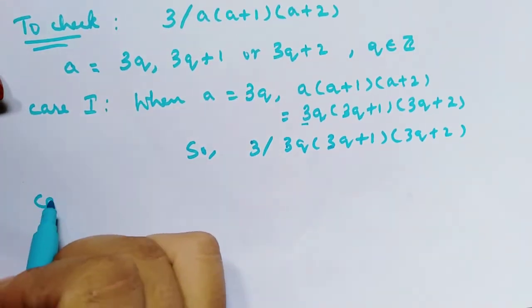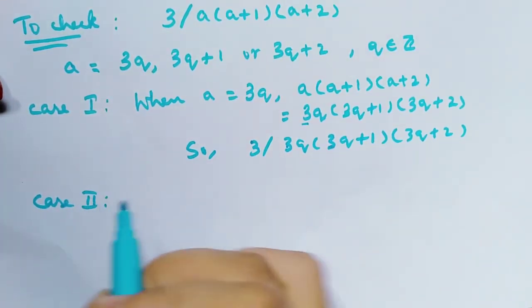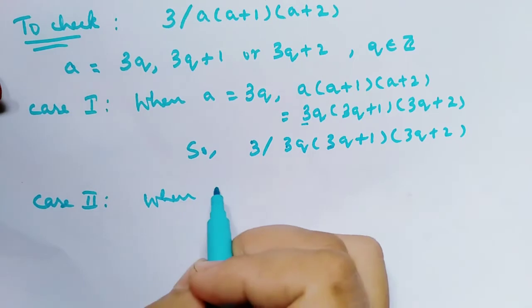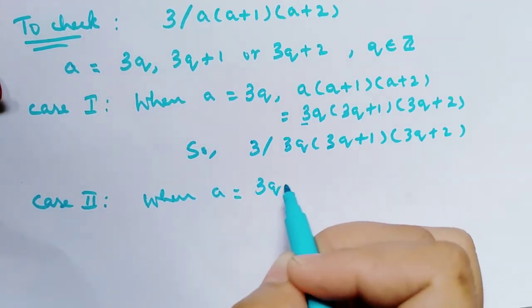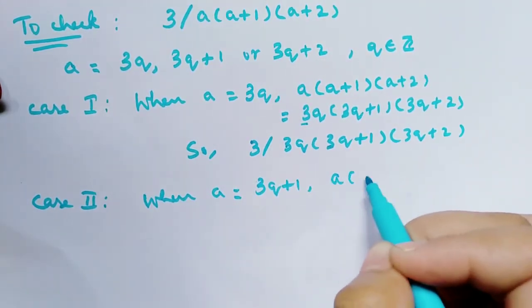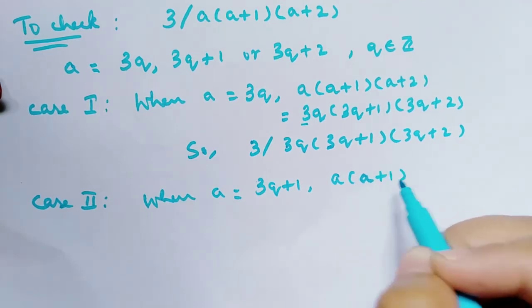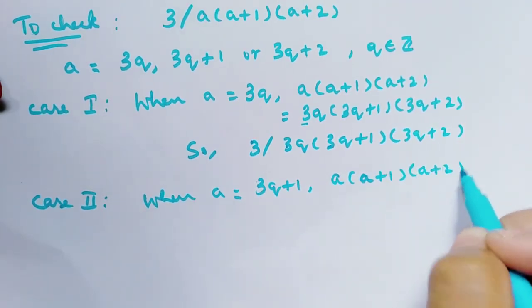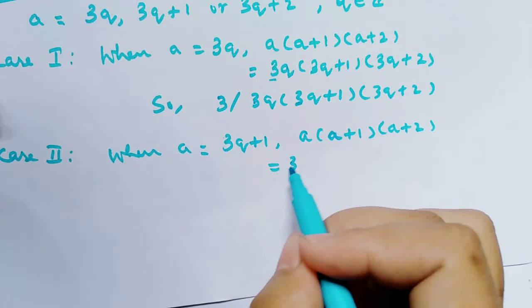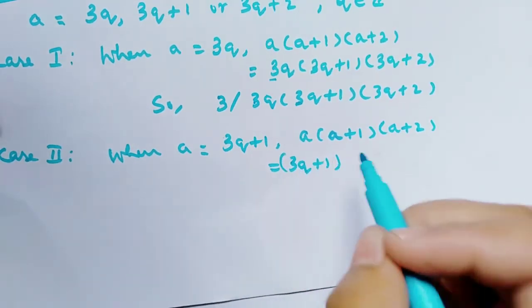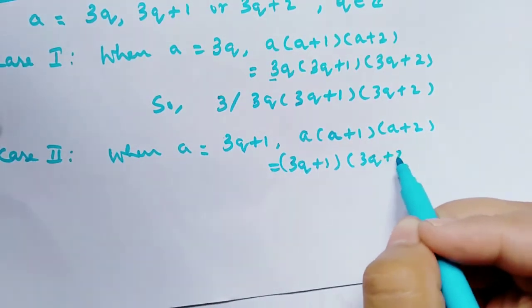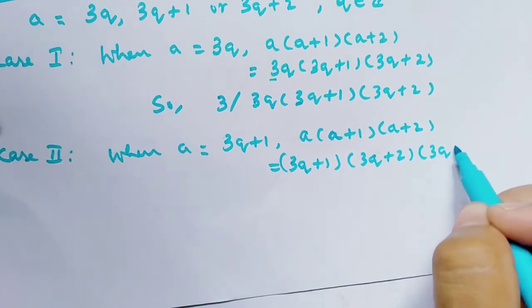Next, case 2. When a is 3q plus 1, then a into a plus 1 into a plus 2 becomes 3q plus 1, 3q plus 2, 3q plus 3.